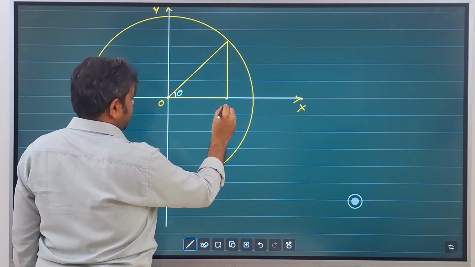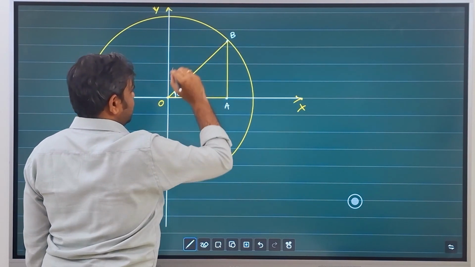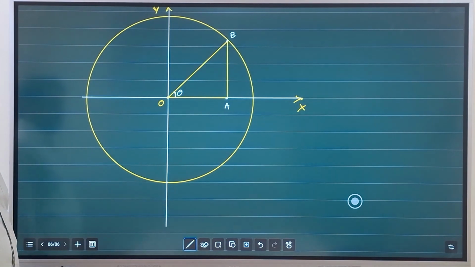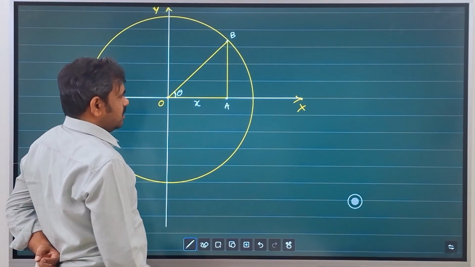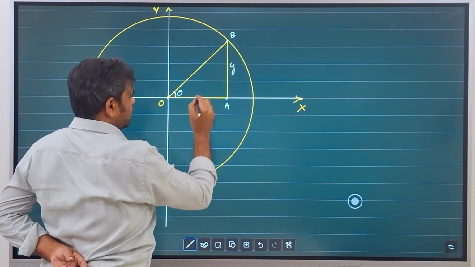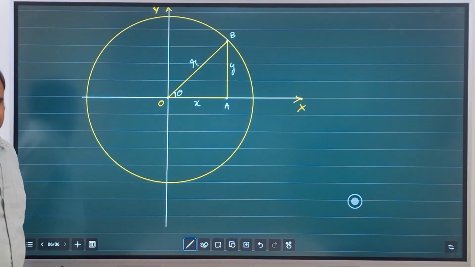Let me call this vertex A. This vertex, which is in contact with the circle, is called B. The adjacent side of angle theta is x, the opposite side is y, and the hypotenuse is r.